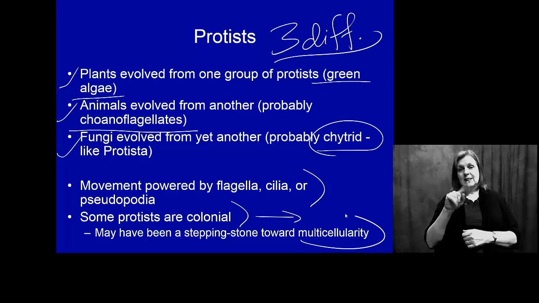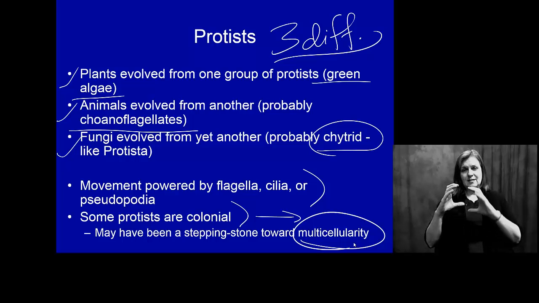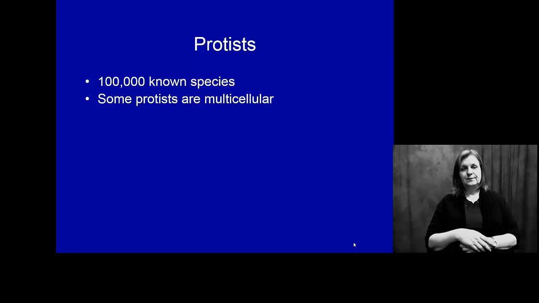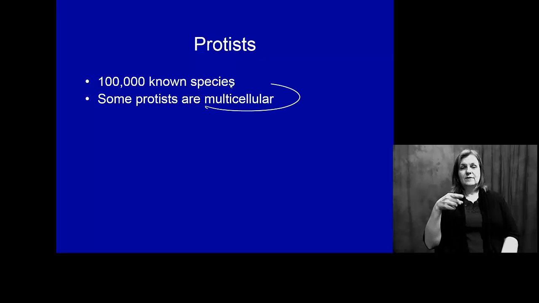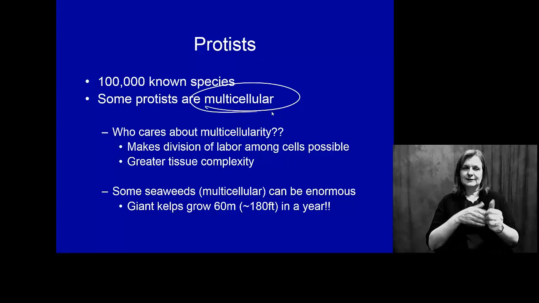This is hugely important when we talk about multicellularity. Up to now, we've only talked about single-celled organisms. We have to get into multicellularity here very quickly. There are 100,000 known species of protists, and many of them are actually multicellular, so that helps us with our jump to plants, fungus, and animals.